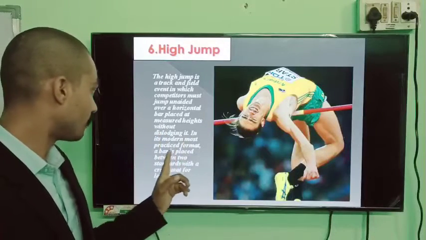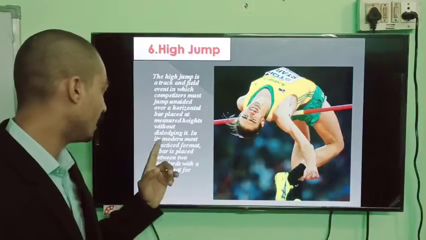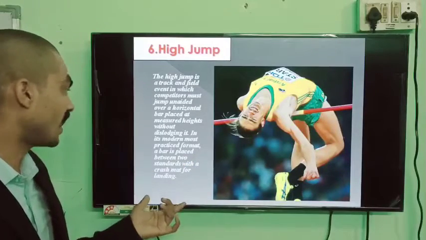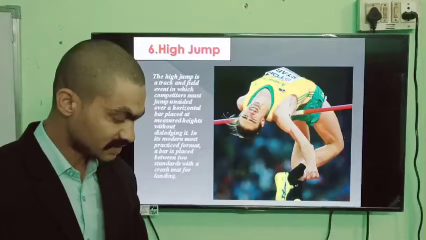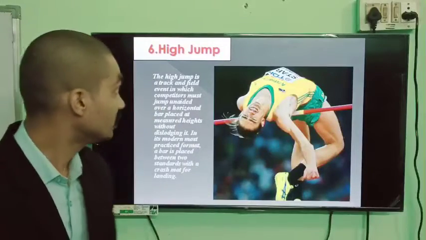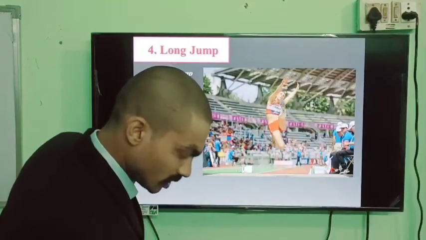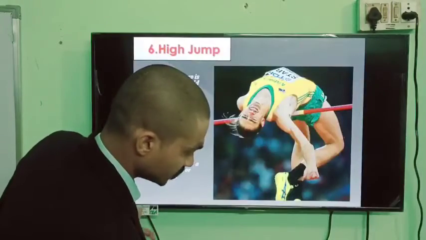In its modern, most practiced format, a bar is placed between two standards with a crash mat for landing. Correct. So this was long jump, and this is high jump.